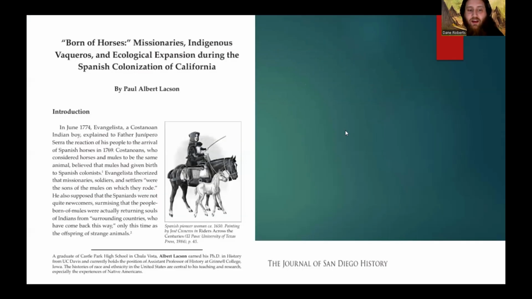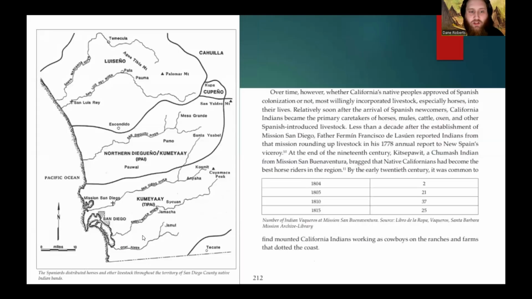And we can see this talked about in journal articles, such as one from the Journal of San Diego History by Paul Albert Laxon, titled "Born of Horses, Missionaries, Indigenous Vaqueros, and Ecological Expansion During the Spanish Colonization of California," where this paper, as you can see in the title, focuses on the introduction of horses, which the Spanish Empire introduced in this area here on this map.